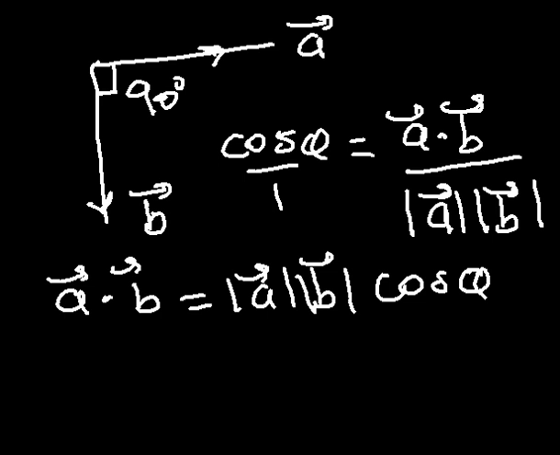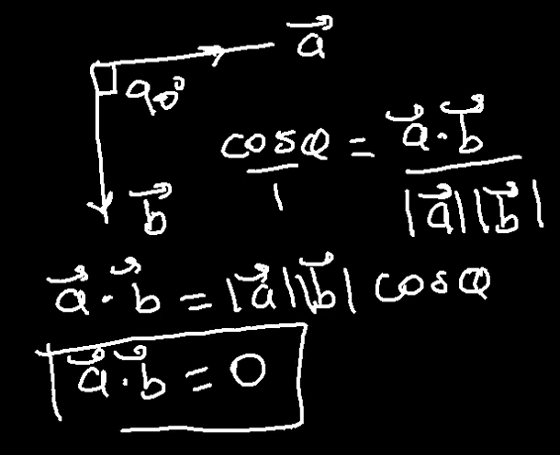Now what if the angle between the two vectors is 90 degrees? We substitute: cos 90 is 0, and the whole thing becomes 0. In this case, the dot product of the two vectors is 0, and this is true for all perpendicular vectors. Whenever vectors are perpendicular, their dot product is 0, and this is only true for perpendicular vectors.